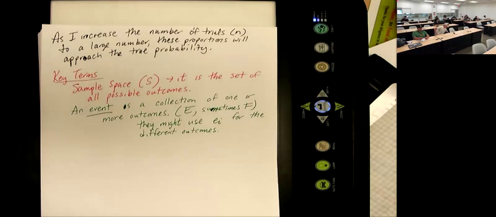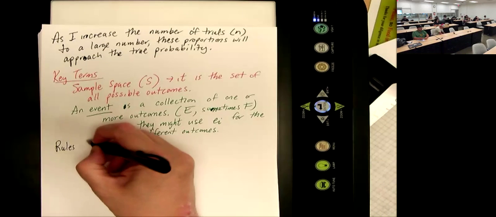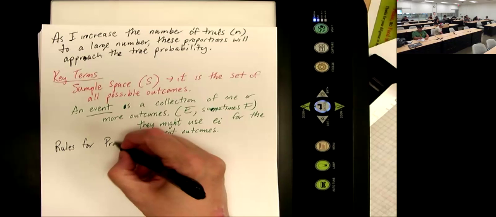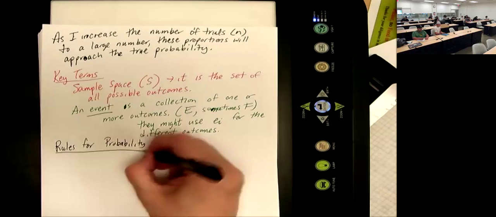We have some rules for probability. Not a lot. Well, there's more, but the basic rules are these.